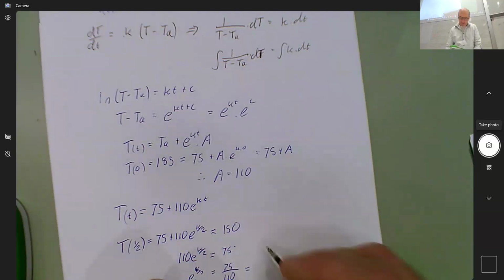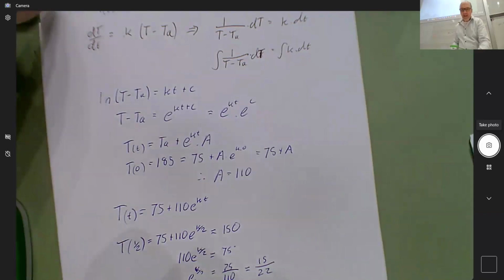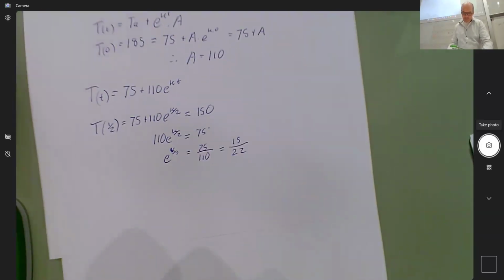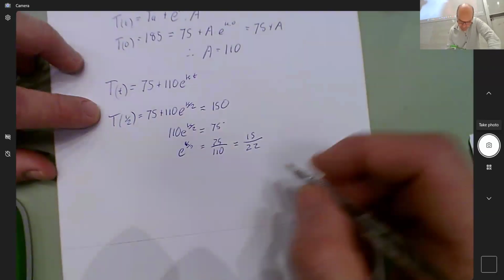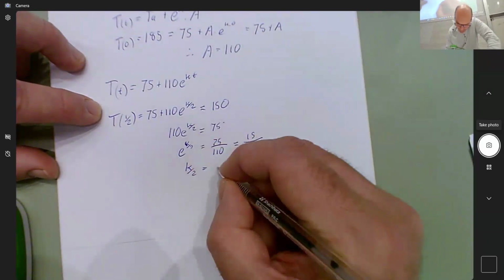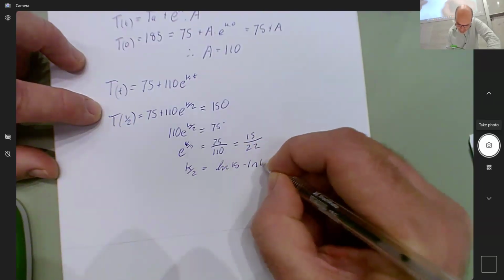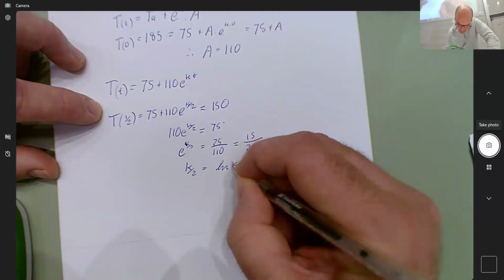I reckon I could simplify that down. If I divide by 5, that should be 15 on 22. That's a horrible looking number. And I don't care. I'm actually going to work with this number as it is. So k on 2 is equal to ln of 15 minus ln of 22.